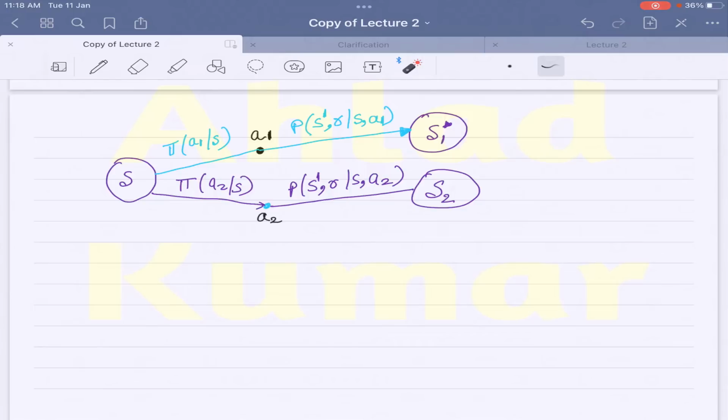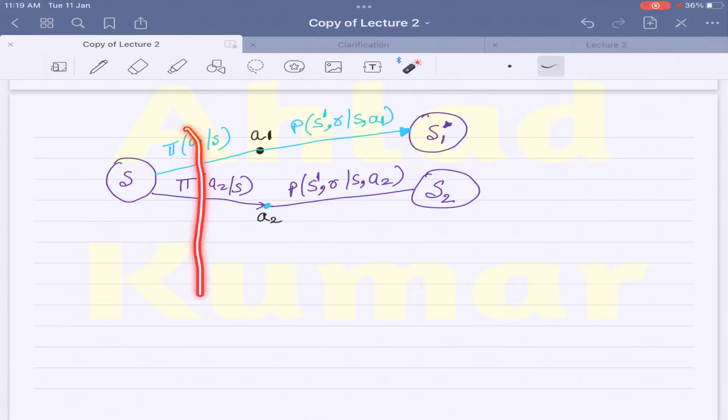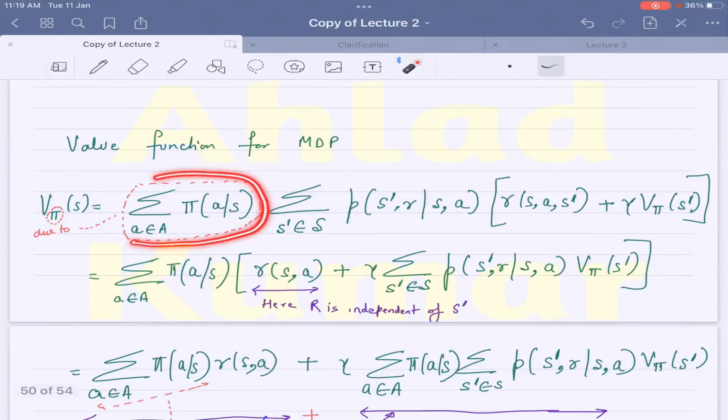So we will discuss the details of how we have derived this Bellman equation in our next lectures, but here I am just trying to give you the intuitive understanding of why summation is coming, because you are trying to find out the expectation of this node by taking contribution of all the actions in the vertical direction. So that's why you have expectation here.